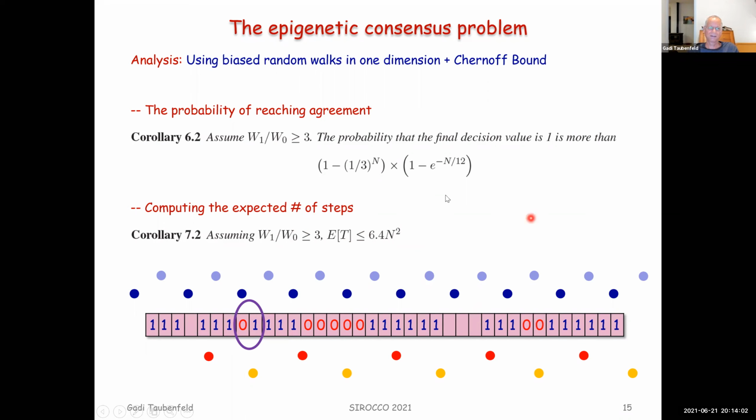Okay, and the analysis is not too difficult. It uses results from random walks in one dimension and a relatively simple application of the Chernoff bound, and we get this. In addition, we have simulations, and the simulations verify what we showed you here.